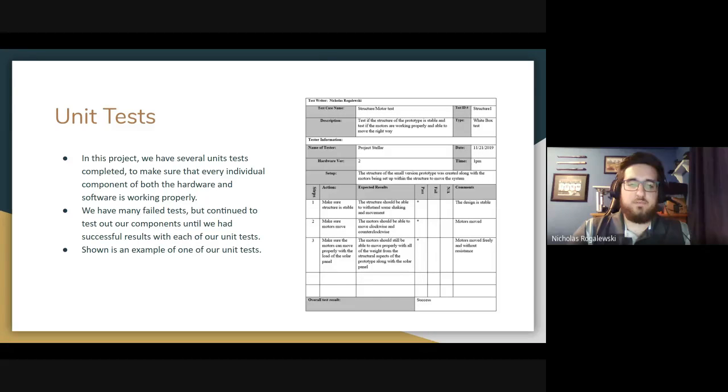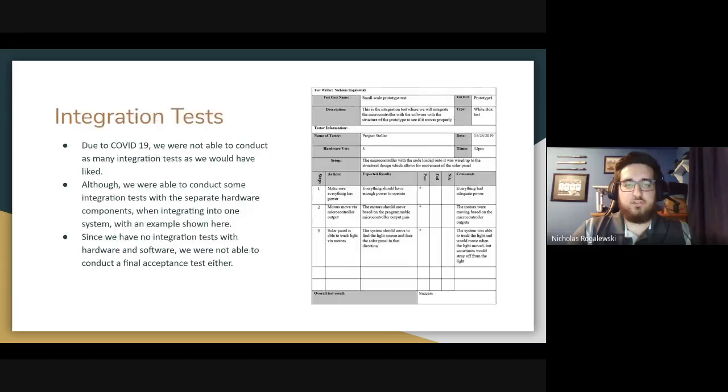Okay, unit tests. We performed many unit tests for the different electrical components of the system to make sure each was working separately before we wired them all together. As you see right there is one of the unit tests that we conducted, and the integration tests for all the electrical components when they were wired together to make sure that everything was functioning properly and communicating with each other properly.